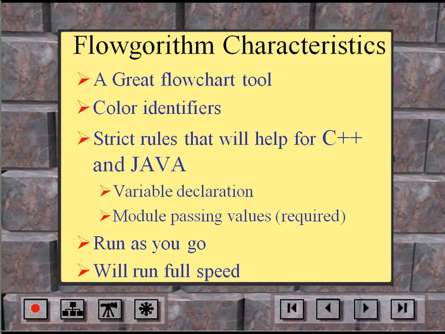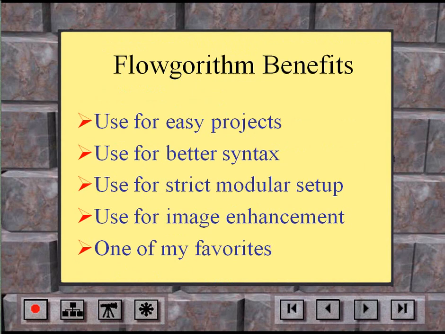You have modules that pass values, and when you use those modules, that's required. You can run your program as you go. In other words, your entire program doesn't have to be workable syntax and ready to run, but in the end, it will run a full speed program. A lot of flexibility with Flowgorithm.